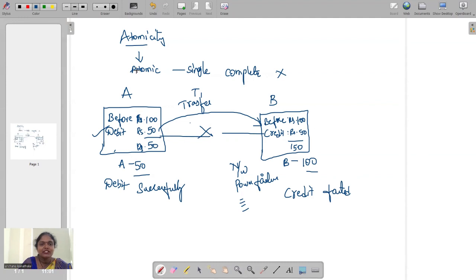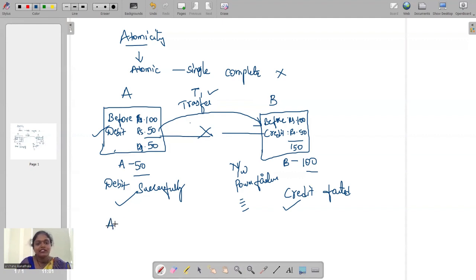Now, the atomicity rule says that we need to perform both the operations together. Only then can we consider that this T1 transaction has been executed successfully. That means debit as well as credit operations should be done completely. Only then can we consider this T1 transaction, or otherwise it should be brought back to the original state.